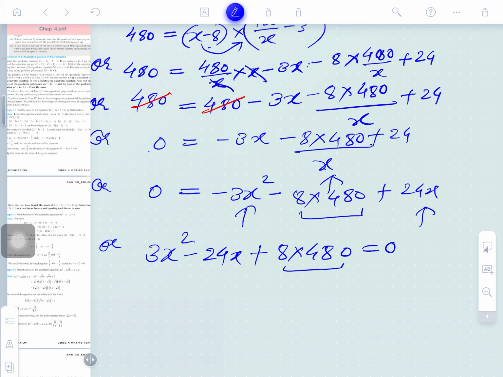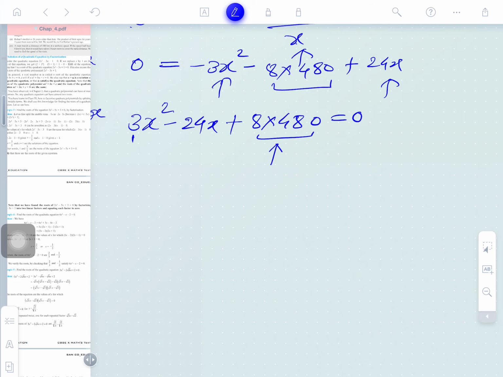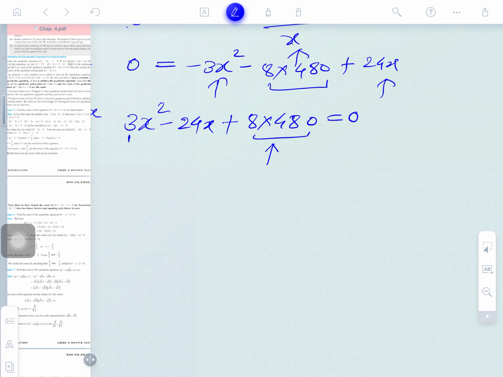We don't need to composite it. If we composite them, 3x square minus 24x, then what would happen? On compositing, obviously a complex number will appear, and on a complex number how can we see the factorization? So we need to factorize already to set the middle term. So we are using the middle term splitting method here.